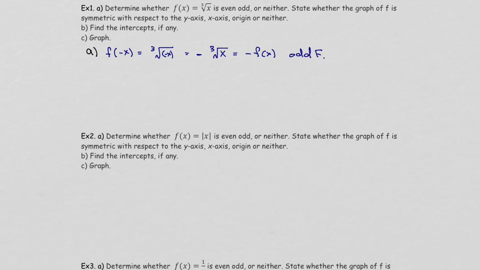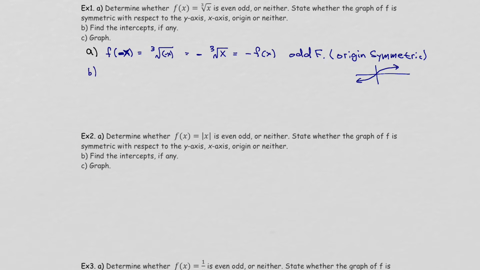And remember, an odd function is also the same as origin symmetry. And we know that the cube root graph looks like this, right? So just thinking about the graph of the cube root, we can tell this is going to be origin symmetry, an odd function, but this is another way of figuring it out by replacing x with negative x.